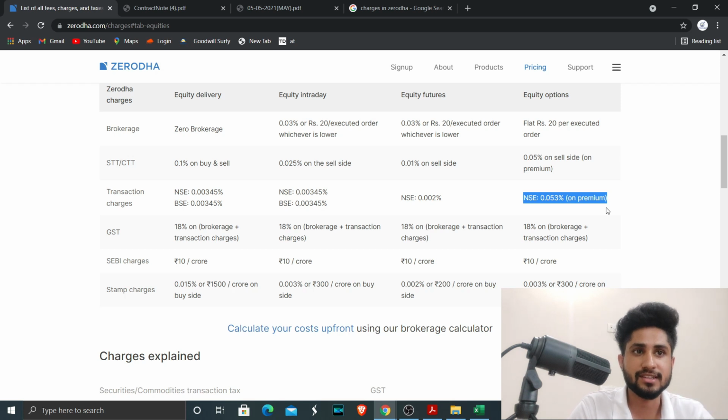So if my turnover on option premium, including buy and sell, is around 1 crore rupees, I'll be paying 5,300 rupees as exchange transaction charge. But some brokers are not clearing members, so they add an additional charge on top of this. Sometimes it might be an extra 3,000 per crore, sometimes 700 per crore.